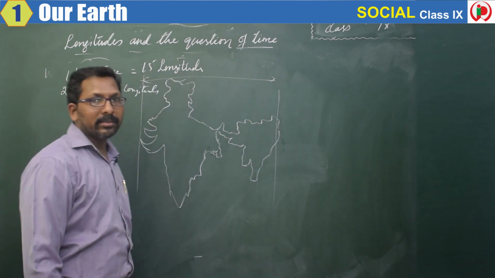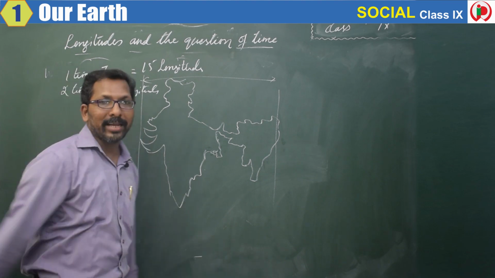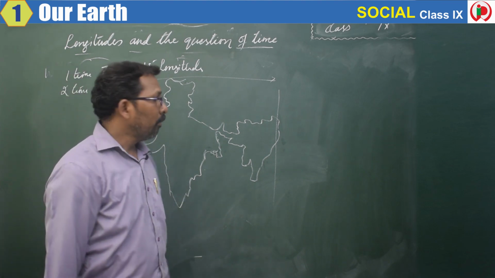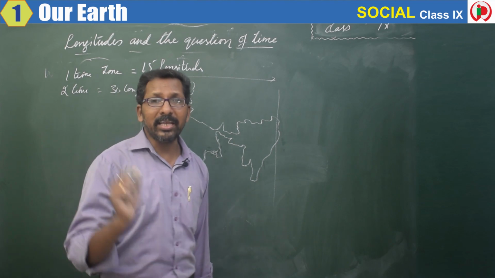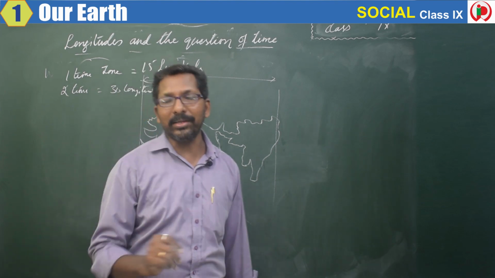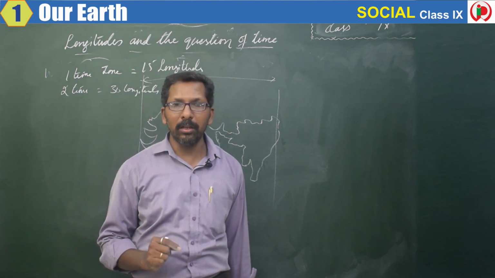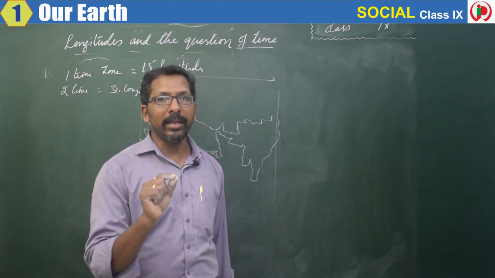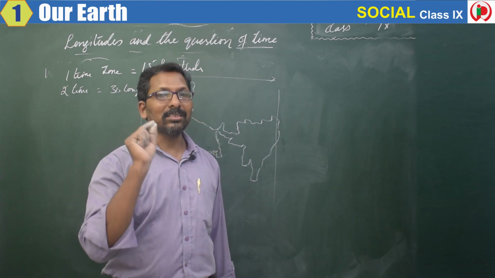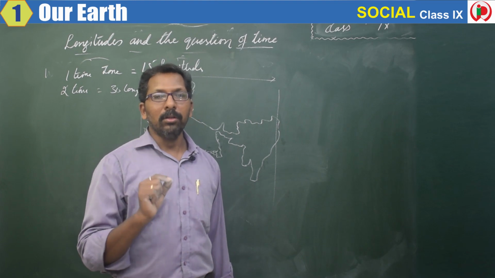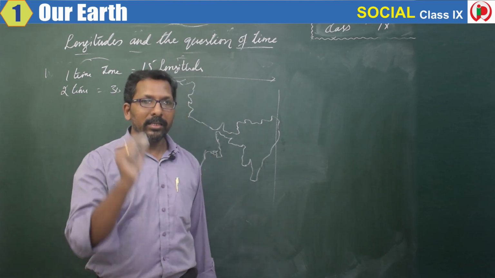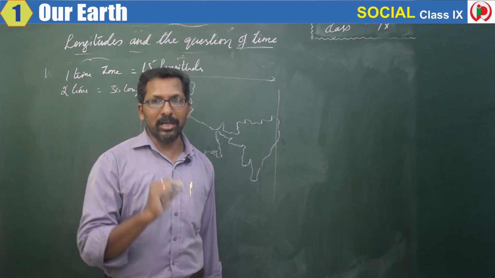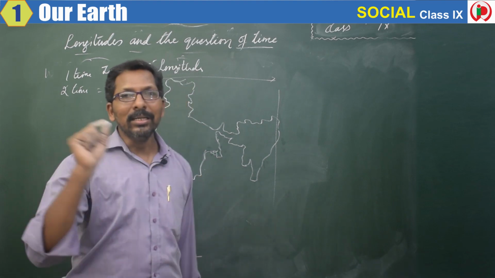On the east the time will be different, on the west also the time will be different, isn't it? But we are following the same time throughout our country. How is this possible? It is possible only by taking a standard longitude. So India has taken a standard longitude for itself, and we call it Indian Standard Time.